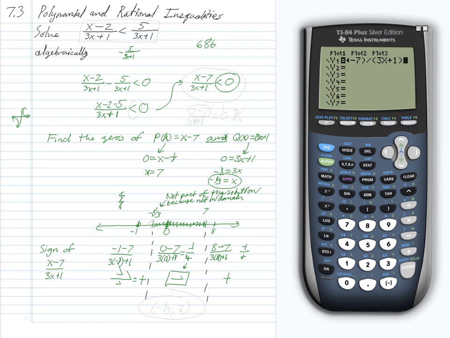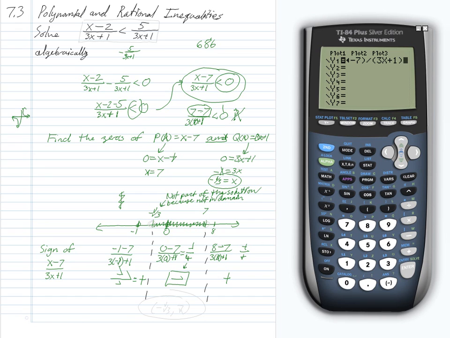And I will contend that 7 is not part of the solution because our inequality is strict. So if you plug 7 into this inequality that we're trying to satisfy, is (7 minus 7) over (3 times 7 plus 1) less than 0? I would say not, because our numerator is 0 and 0 is not less than 0.